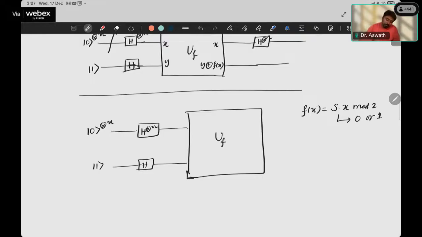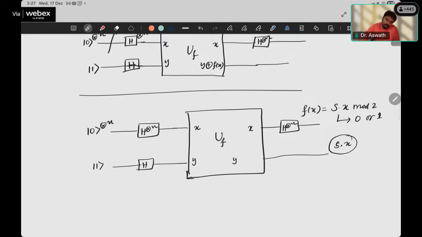Now here I have x, here I have y, here I have x. But my y is very interesting. My y gets modified not by adding f of x, but by adding s dot x.